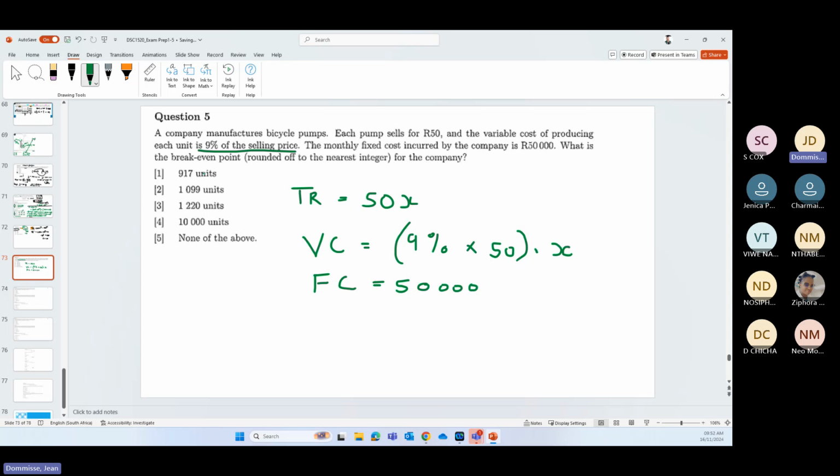Now important, the monthly fixed cost. So what is the break-even point for the company? So break-even is where total revenue is equal to total cost. Total cost is variable cost plus fixed cost. So we've got total revenue of 50x.